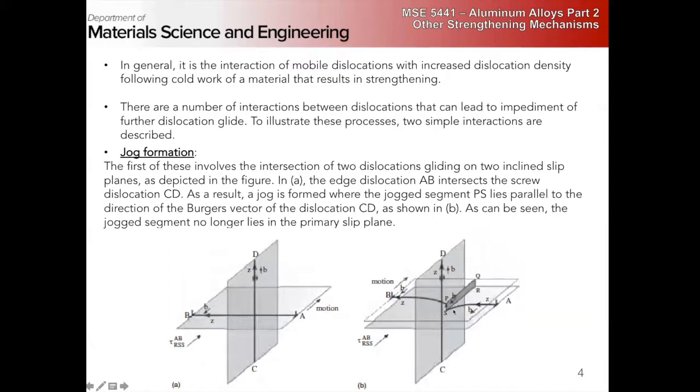What's the direction of travel for an edge dislocation relative to its Burgers vector? It's parallel. So if this dislocation is moving along this new slip plane, it's still moving in a direction possible to keep going in its original direction. It's not a problem.